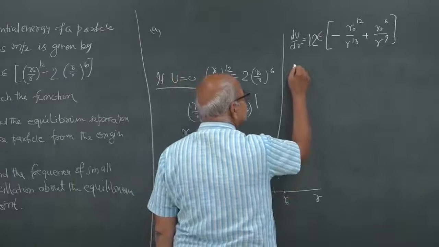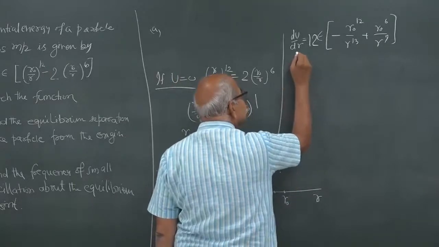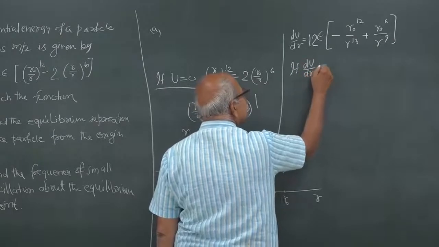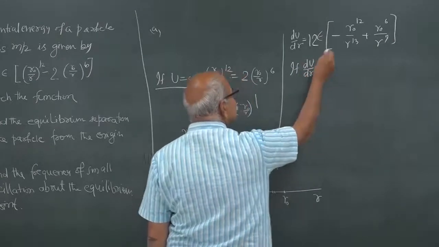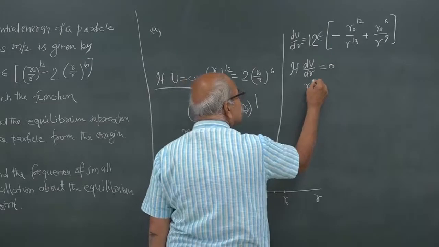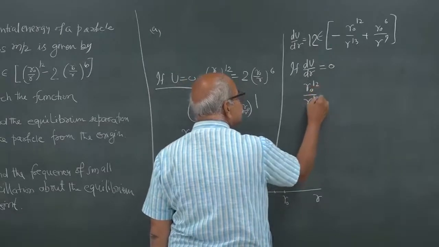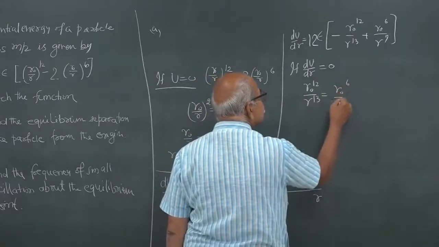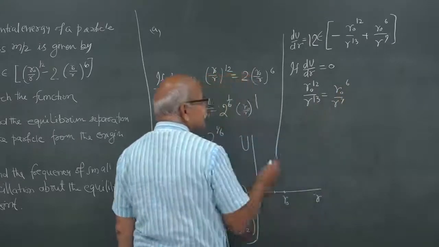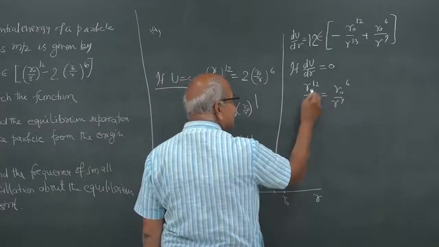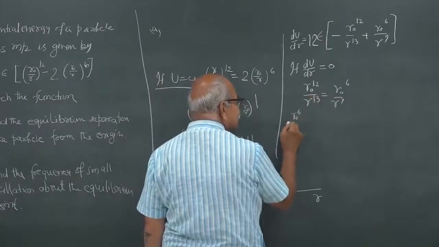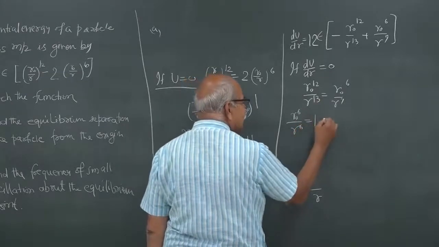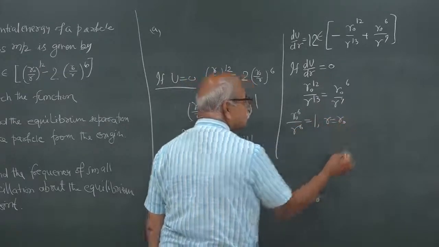Now, if du dr is 0, that means r naught to the power 12 divided by r to the power 13 should be equal to r naught to the power 6 divided by r to the power 7, and therefore, r naught to the power 6 divided by r to the power 6 should be equal to 1, r should be equal to r naught.